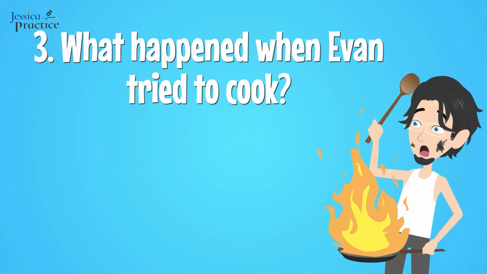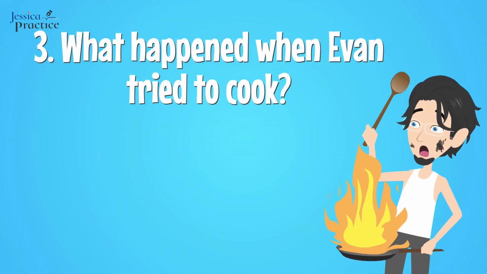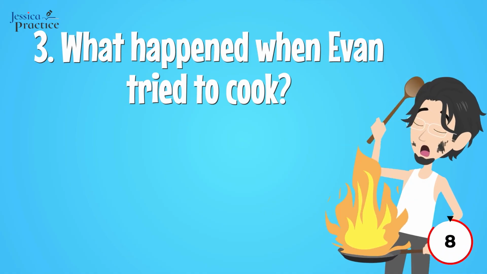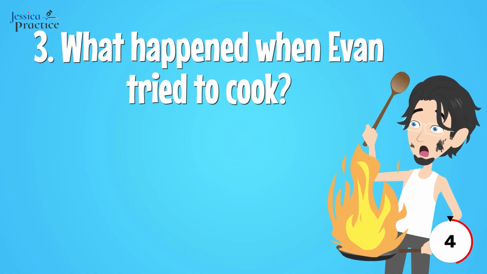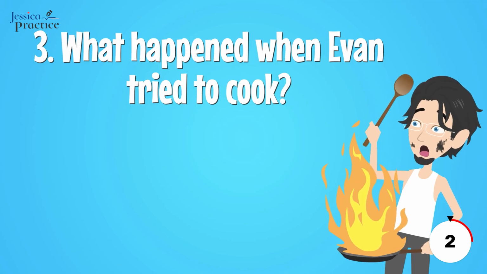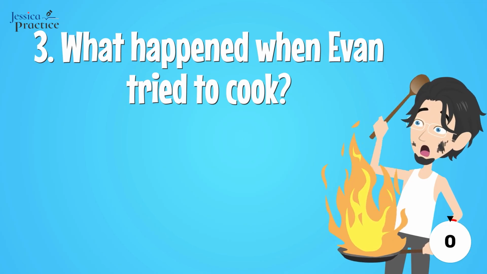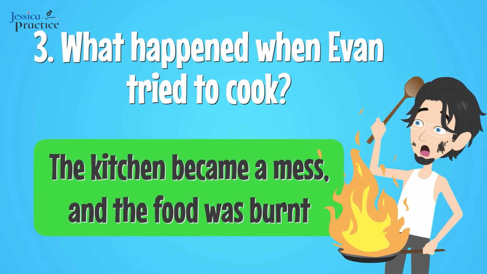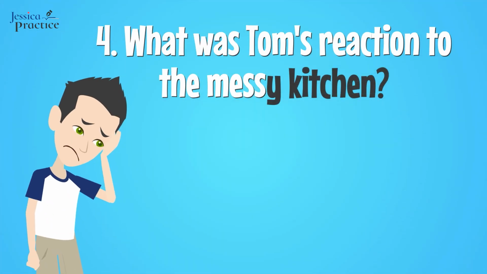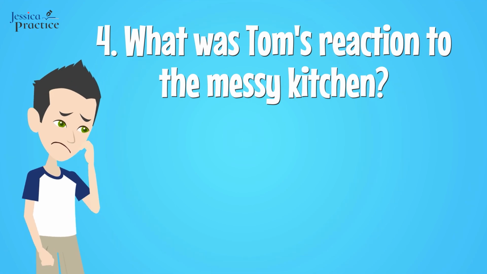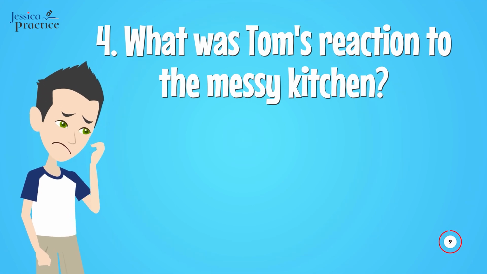Number 3. What happened when Evan tried to cook? The kitchen became a mess and the food was burnt. Number 4. What was Tom's reaction to the messy kitchen?